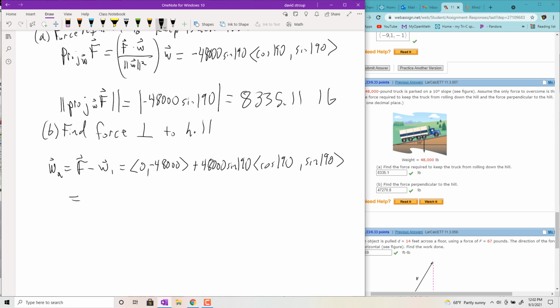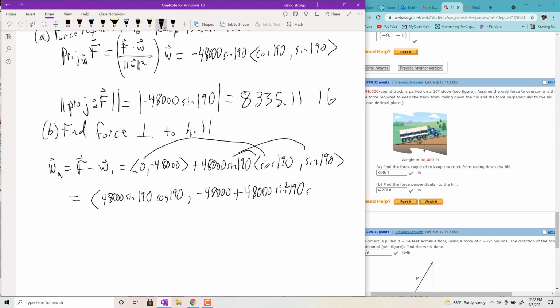So anyways, it's going to be 48,123 sine 190 cosine 190, comma, and all I'm doing is adding the components, right? Plus that part after I distribute that. And then the second guy, negative 48,000 plus 48,000 sine 190, sine 190 squared.